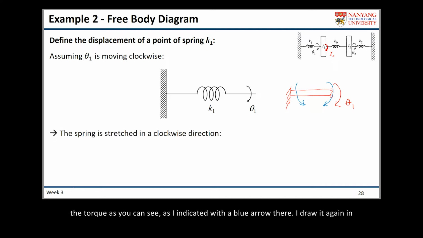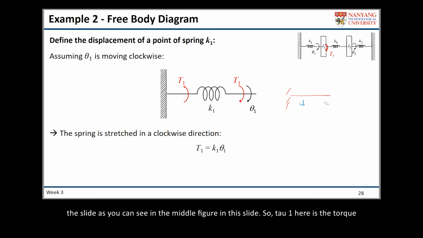Okay, so I draw it again in the slide, as you can see in the middle figure in this slide. So tau 1 here is the torque applied to the shaft.